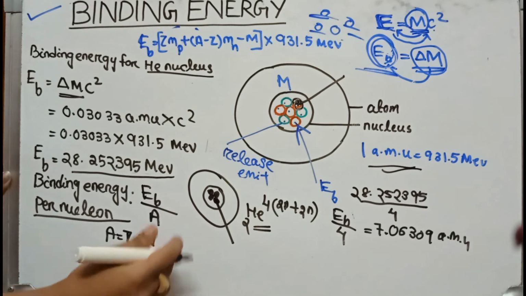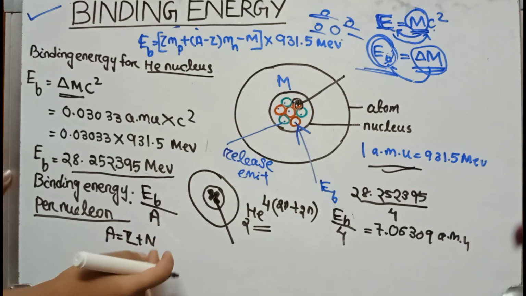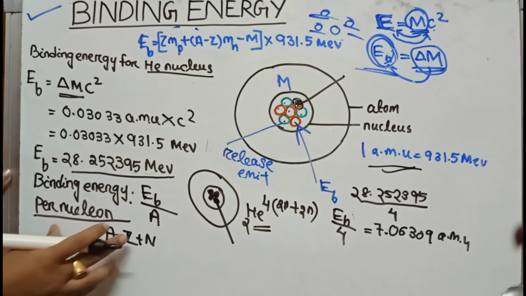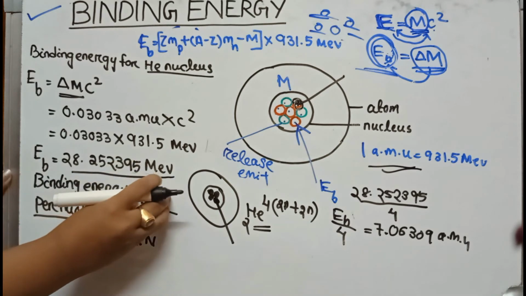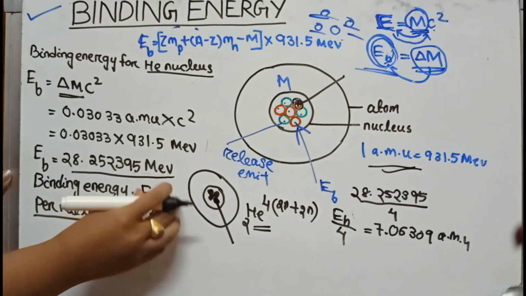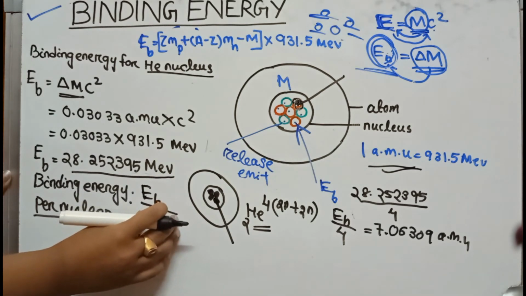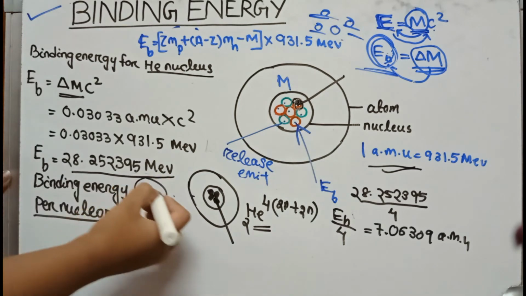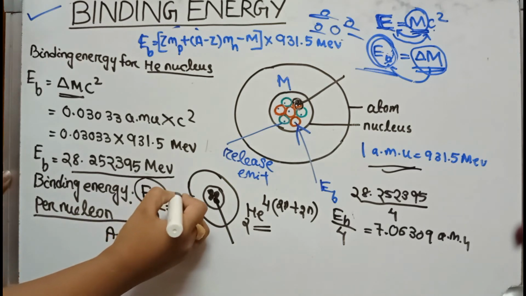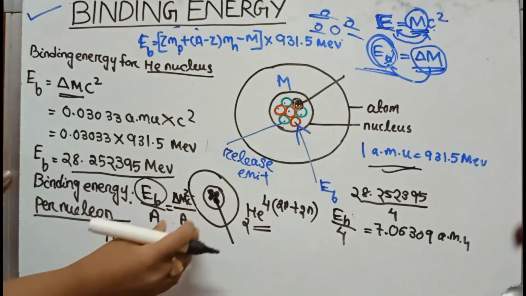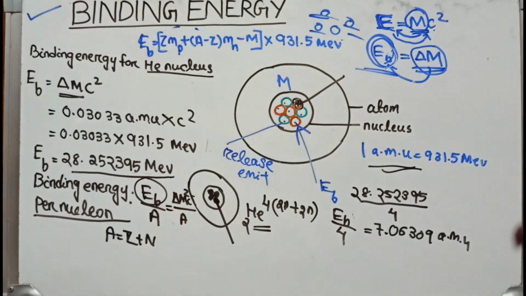Okay. So when we calculate the binding energy per nucleon, we simply put the binding energy value divided by the total number of nucleons. See here students, this binding energy, that is delta M C square, divided by A, is the binding energy per nucleon.